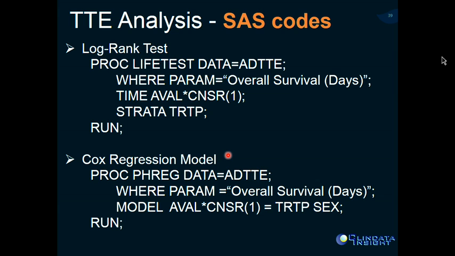But in some cases, the analysis depends on other factors, such as sex or age groups. In this case, we use the Cox regression model. As you see, we add another variable, such as sex, in the model, and this regression model is going to be determined by treatment group and sex groups.